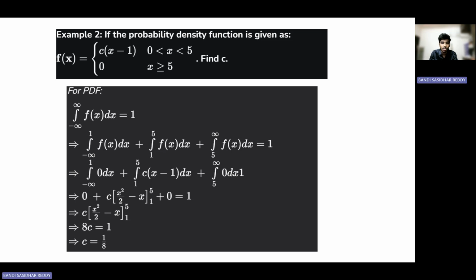It's a mistake because here it is 0; they have taken 1. It is a mistake, let it be considered. The final answer is c equals 2 by 15.